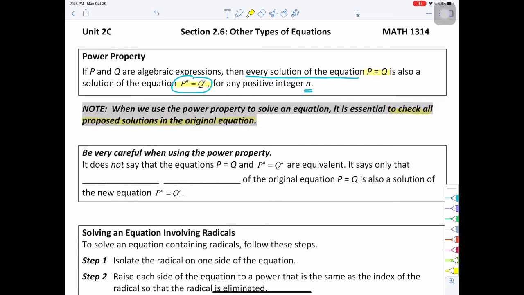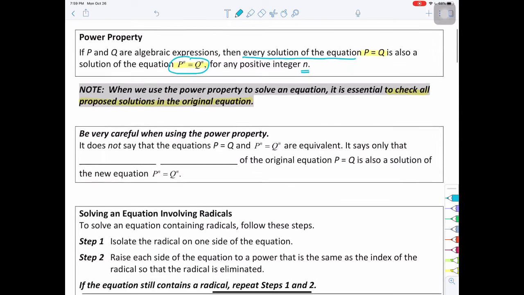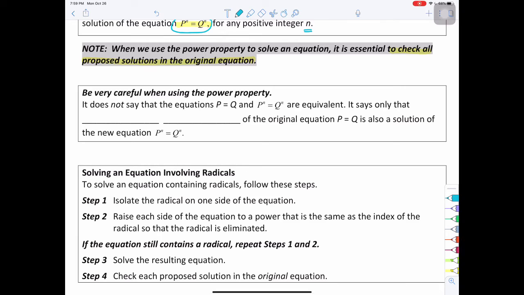So when we do raise both sides of an equation to a power, we must check all of our proposed solutions. We do need to be careful that these equations, P equal to Q, and the equation that we created by raising both sides to some power n, are equivalent.